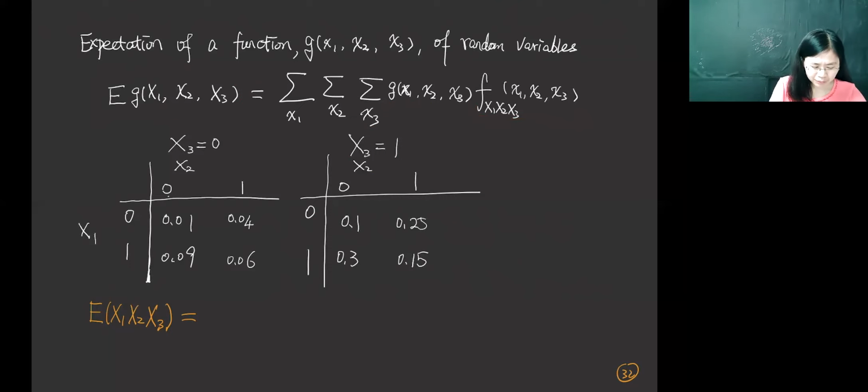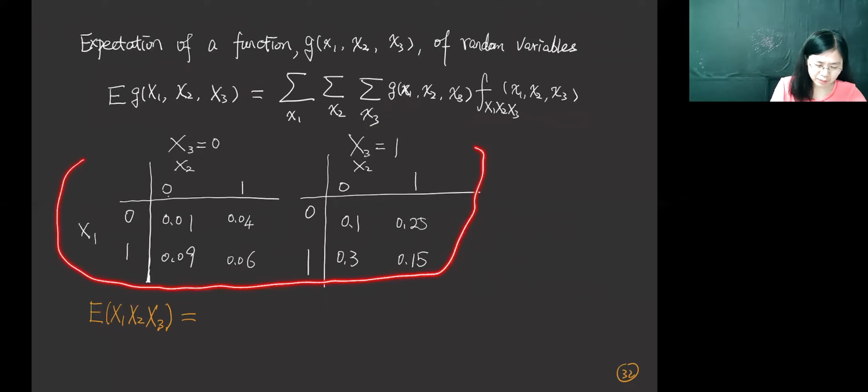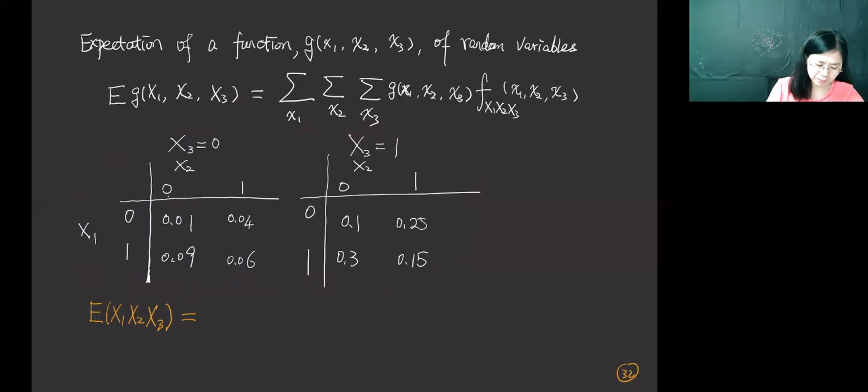For example, in the joint distribution described by these two-way tables, we can calculate the expectation of the product of the three random variables. The product of these three random variables can be either 0 or 1.